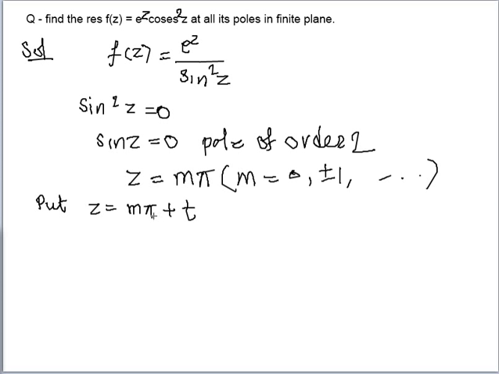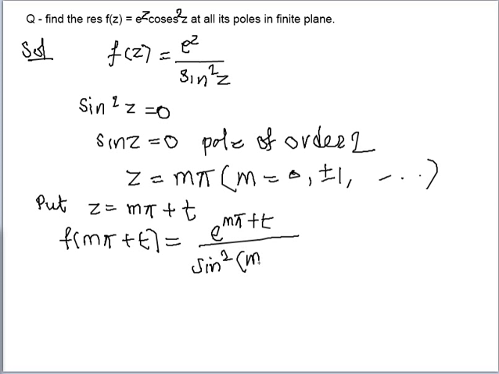So my new function f of m pi plus t is given by e to the power m pi plus t upon sine square of m pi plus t. Clear? So step 1, replace z equal to a plus t. So z equal to a is the pole. Our pole is m pi and the order is more than 1. It is not a simple pole. So we proceed with z equal to m pi plus t.